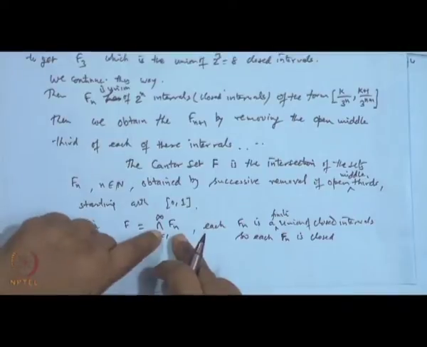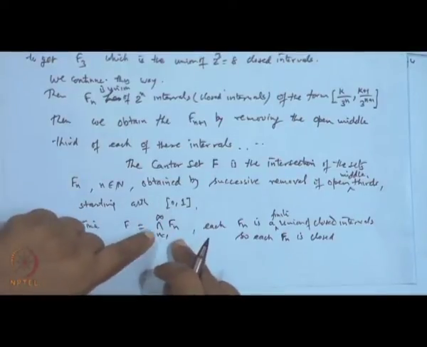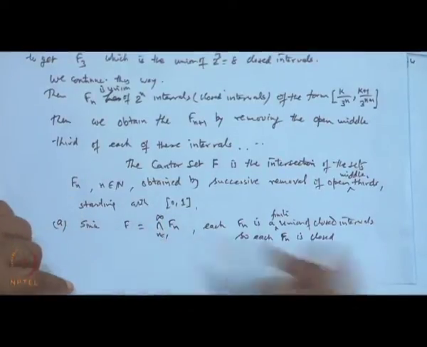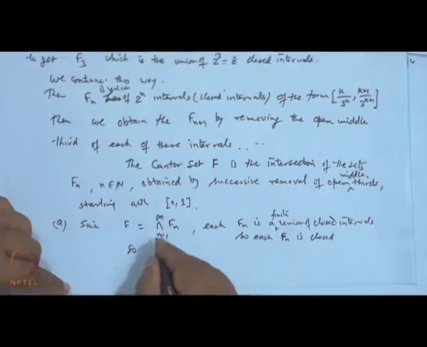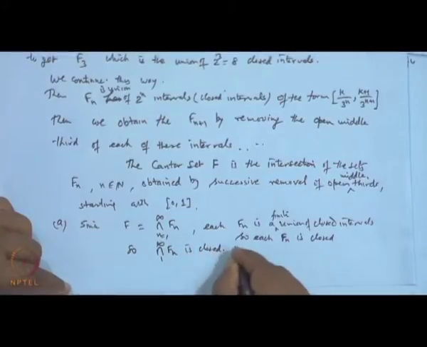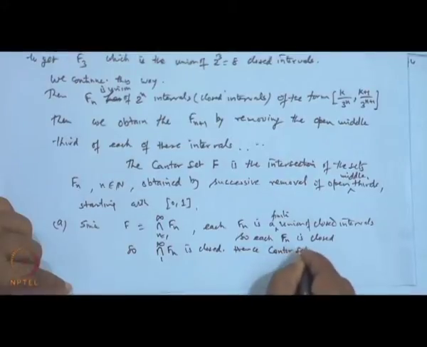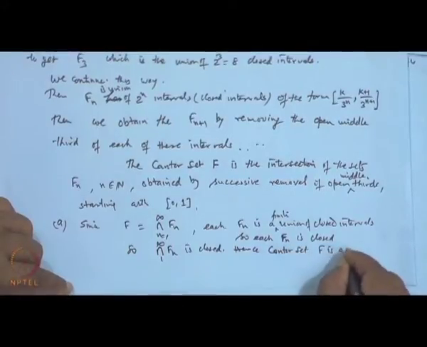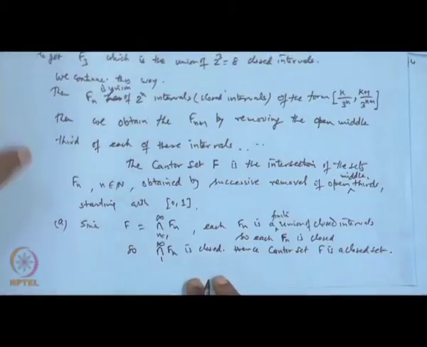And when you take the countable intersection of closed sets, it is closed. Hence, the Cantor set F is a closed set. So, this is the first we wanted to prove.